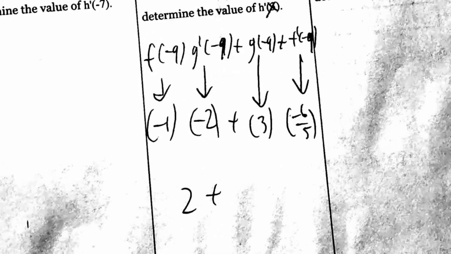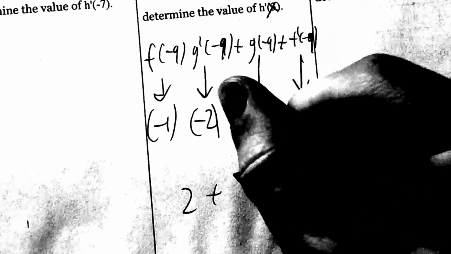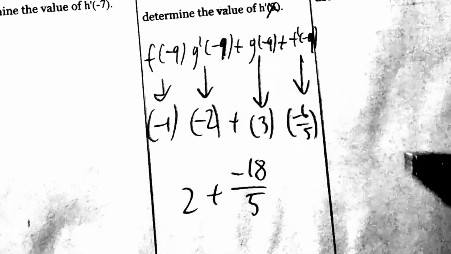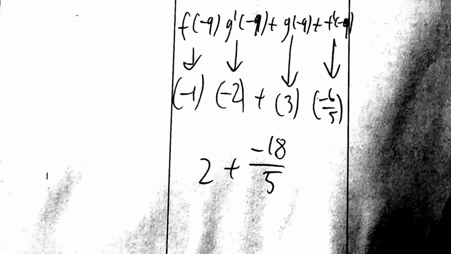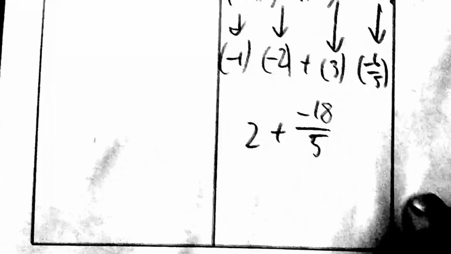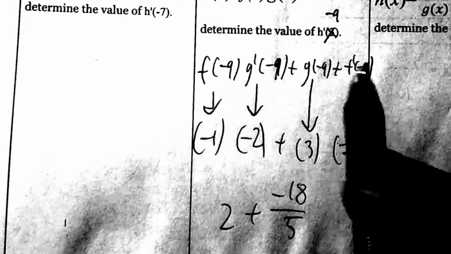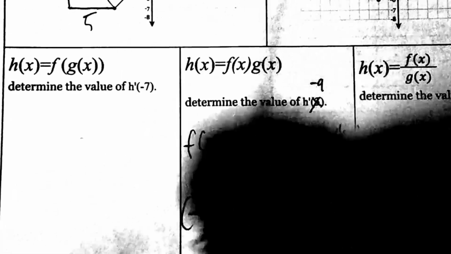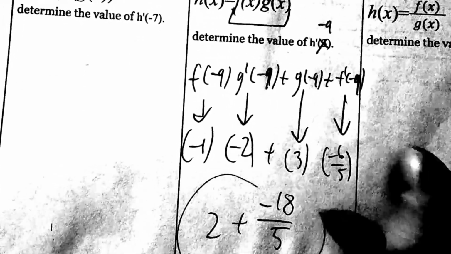Well, 3 times negative 6, that's negative 18 over 5. So not the most clean of answers, but you get the idea. You go find f of negative 9. You go find them from the graphs, and then you plug them into the product rule. And I'm using product rule because this is a product. And then you combine the terms, and that's what we get.